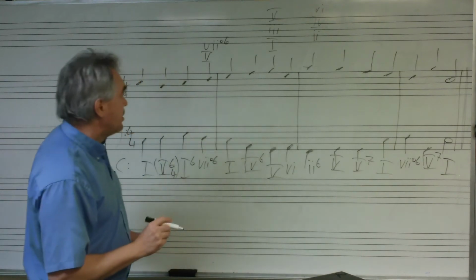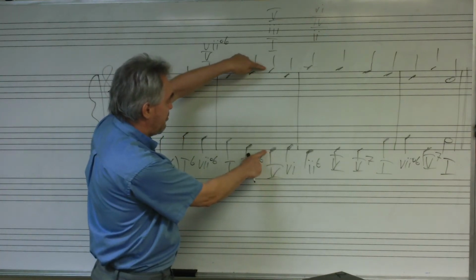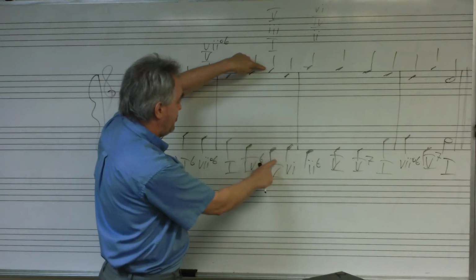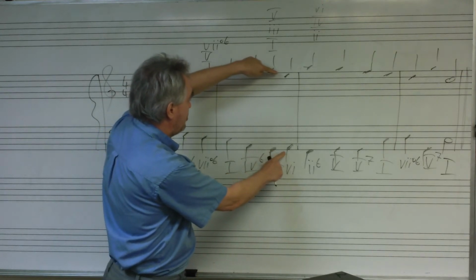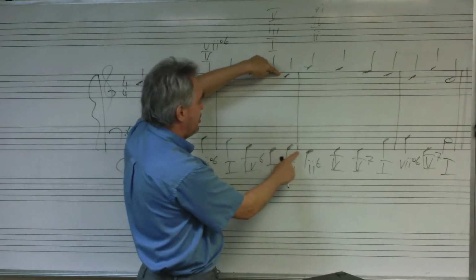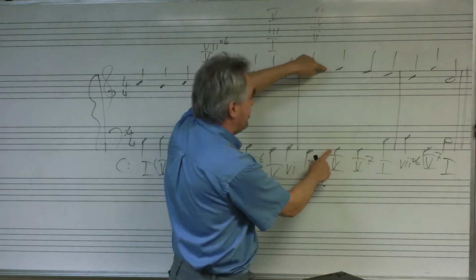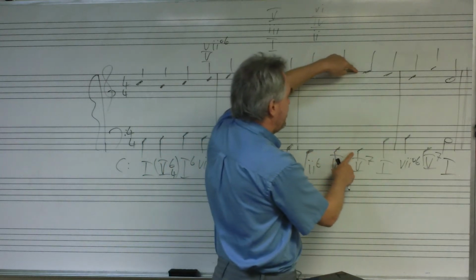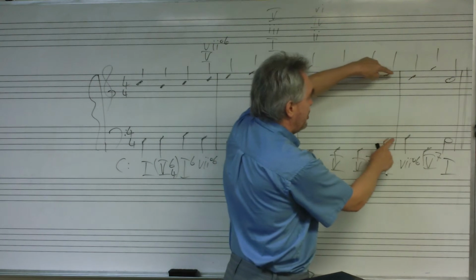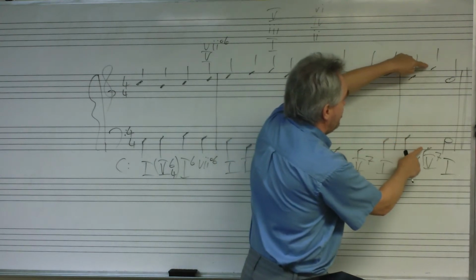So now we did our error detection here earlier. From octave we went to a 5th, to a 3rd, to an octave, to a 7th, to a 3rd, to an octave in contrary motion, to an octave.